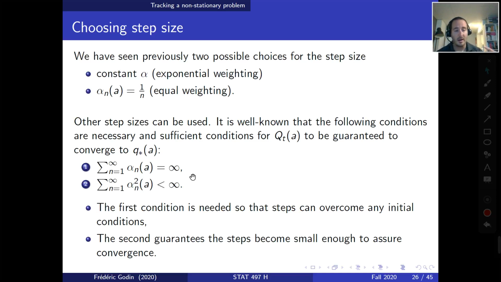You will continue fluctuating around the true value, but you'll never exactly converge to it. Conversely, the equal weighting scheme matches these conditions. So it assures convergence, and this is true from the law of large numbers we've discussed earlier. If you have IID random variables and you take their sample average with equal weight, eventually that average will converge to the true expected value.